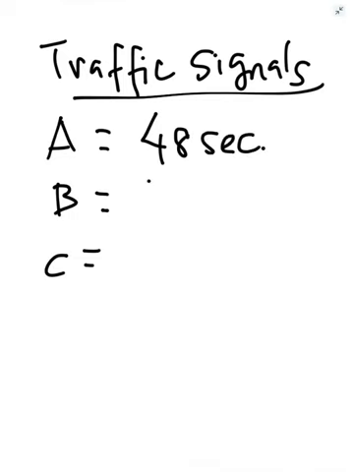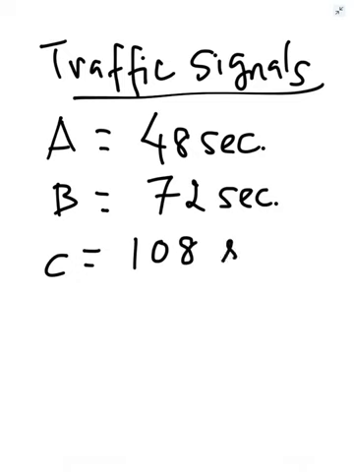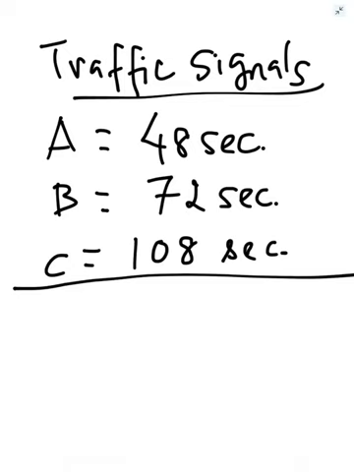So this is the time period of signal A. Signal B is set such that it changes to red after every 72 seconds. The electronic circuit is set. And signal C, its time period is 108 seconds. So different time periods, 48 seconds, 72 seconds and 108 seconds, of three different signals.